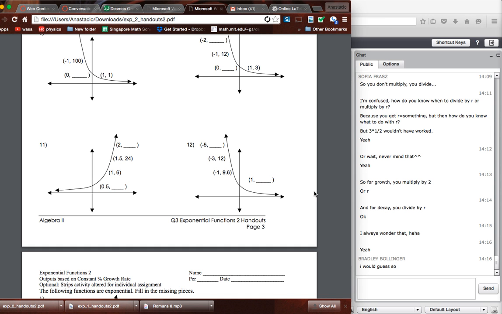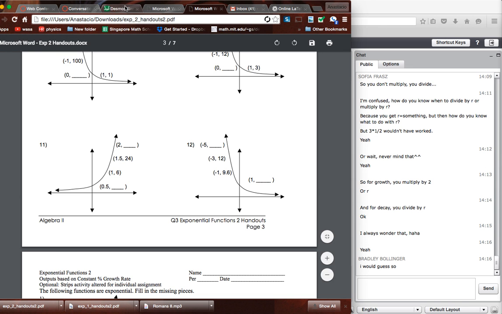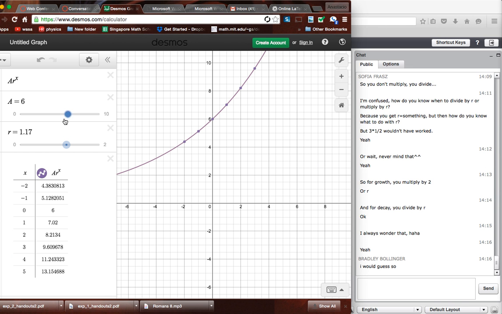I have a feeling that exponential decay or growth for you would look something like this, and the deceiving part is on the surface level it looks like a straight line, right? If we were kind of dumb and we didn't understand anything, it does look kind of like a straight line.